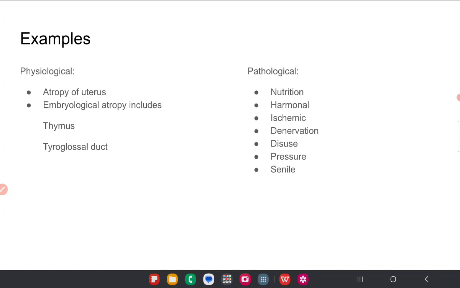And when hyper pressure acts continuously, this also leads to a decrease in size. Senile conditions, as in Alzheimer's disease, are the main cause of this atrophy.